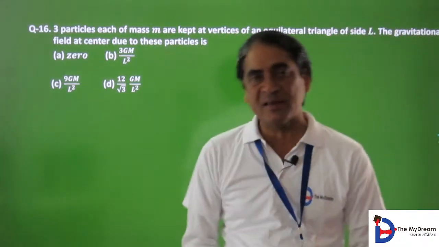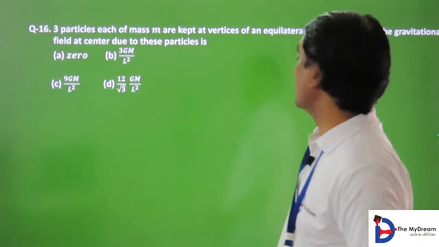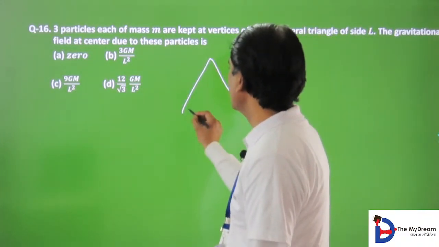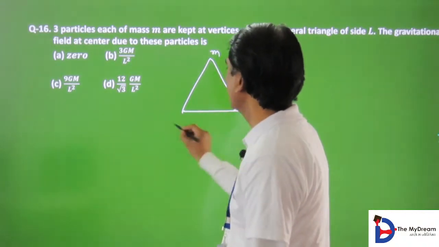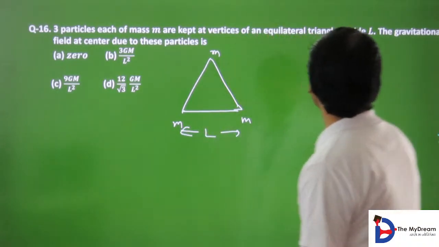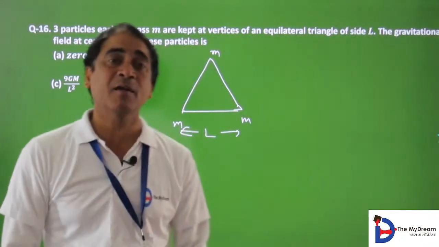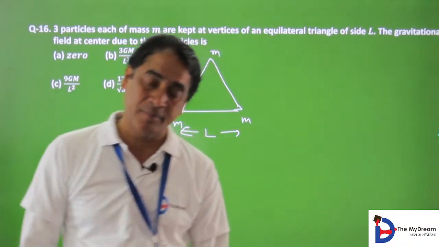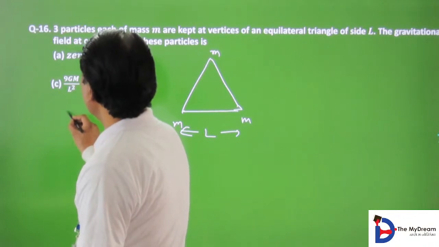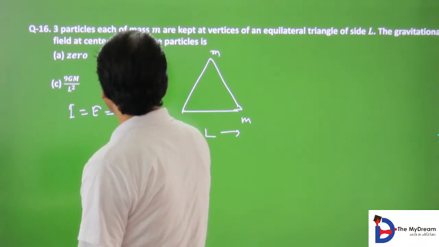Three particles each of mass small m, which is given to you, are kept on the vertices of an equilateral triangle of length L. There is a presence of the three particles each of mass small m. This is the length L. The gravitational field, either you can say gravitational field or gravitational field intensity, represented by I or E, that is Gm by R square.